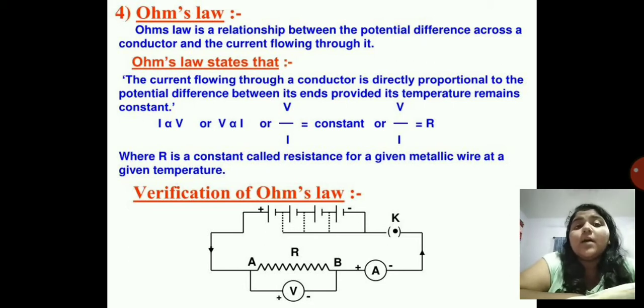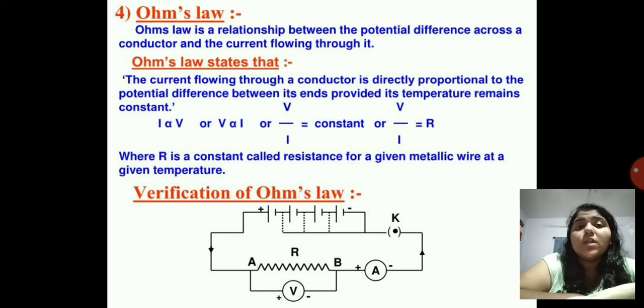See, the current flowing through a conductor, that is I, is directly proportional to the potential difference between its ends, provided the temperature remains constant.